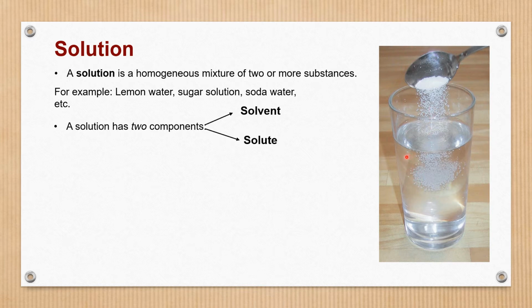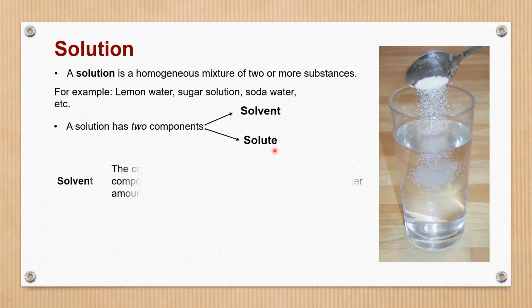In that solution, water is the large portion. That large portion, water, is the solvent, and the lesser part, that is the sugar or salt, is the solute. Got it? So a solution has two components, that is solvent and solute.